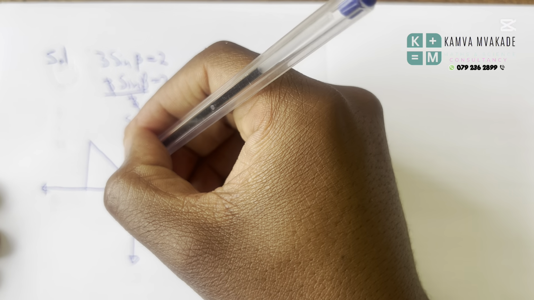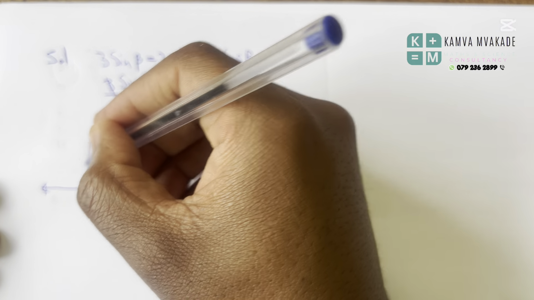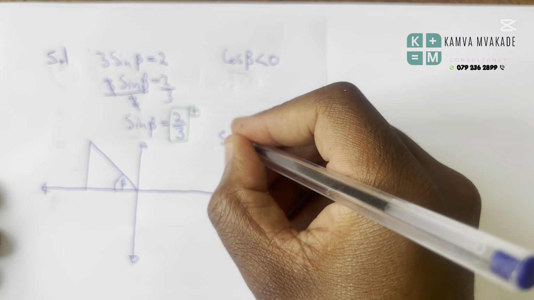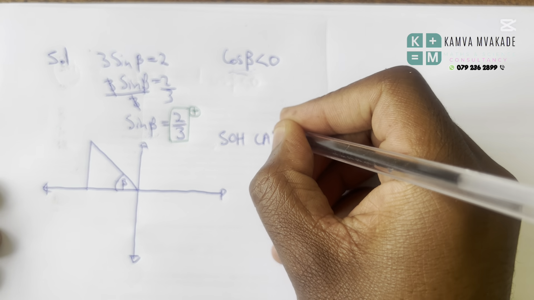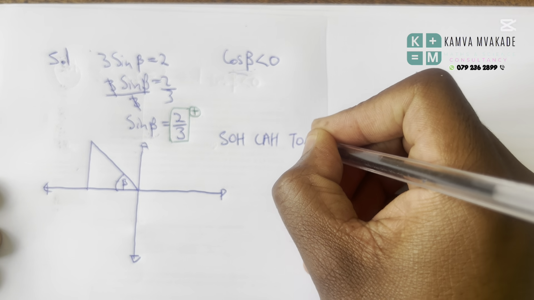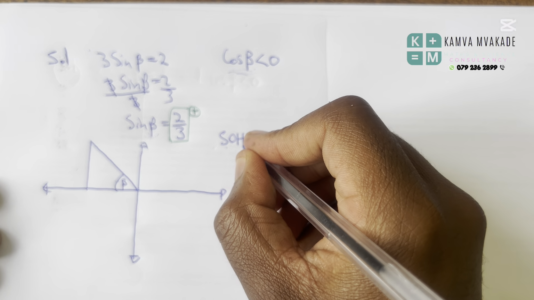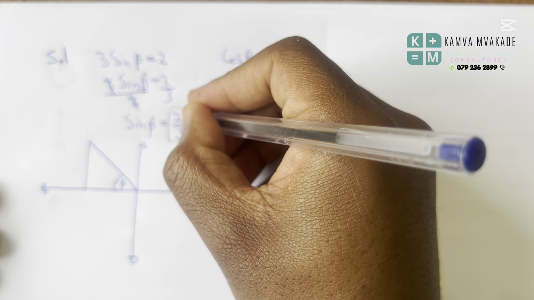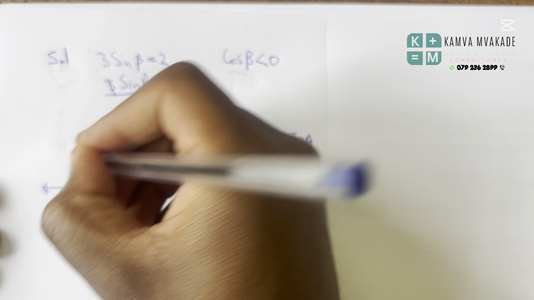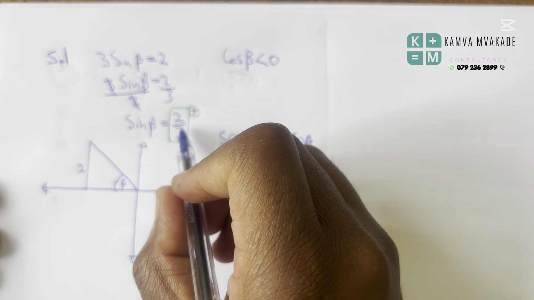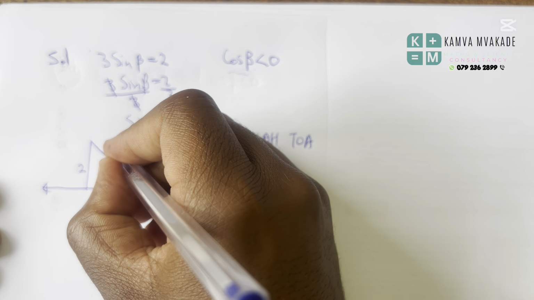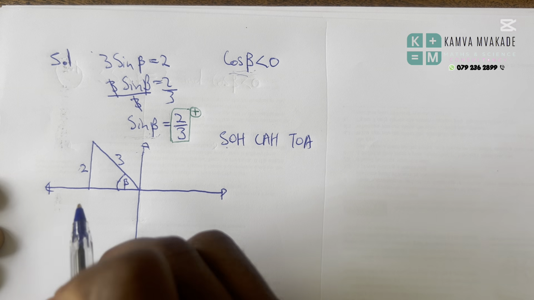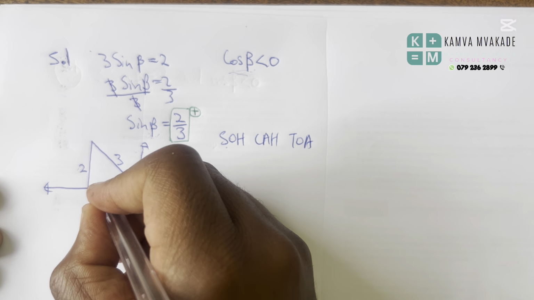Sine is opposite over hypotenuse. So opposite we have 2, and hypotenuse we've got 3. So we need to look for this side x.